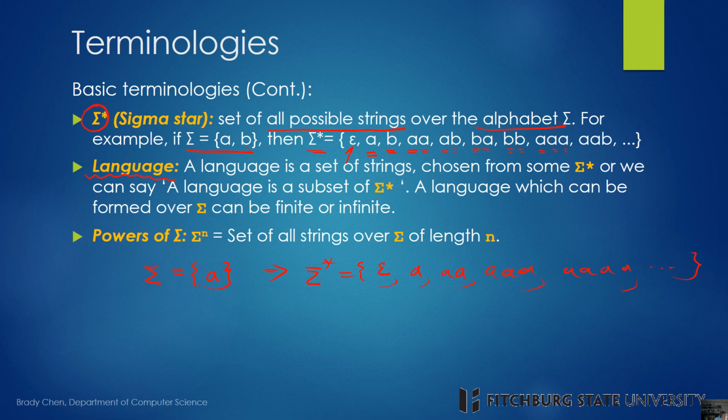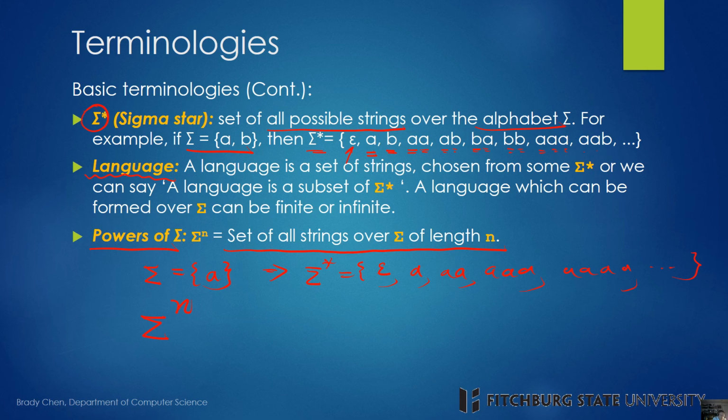Now the last term we're going to use is called powers of sigma. The notation we're going to use is sigma to the n. Sigma to the n is the set of all strings over sigma of length n.